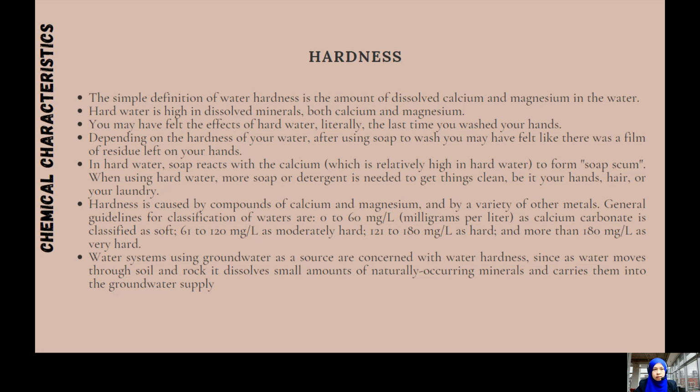Chemical characteristic for hardness. What is hardness? The simple definition of water hardness: hardness is the amount of dissolved calcium and magnesium in the water.